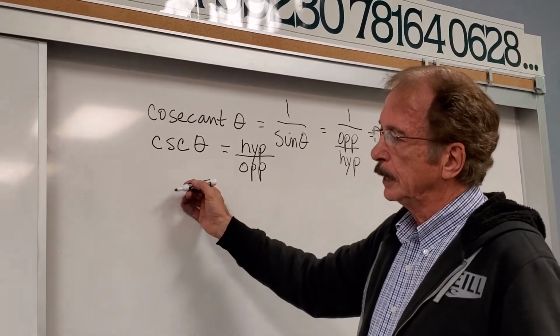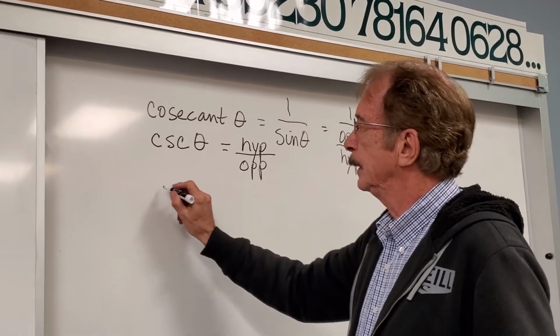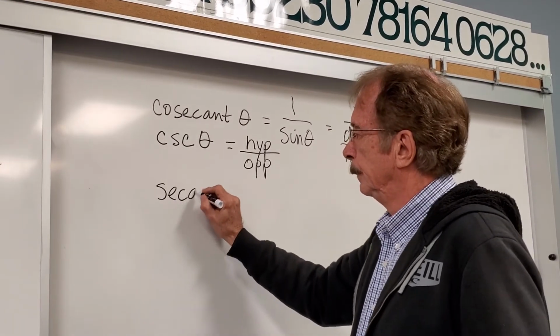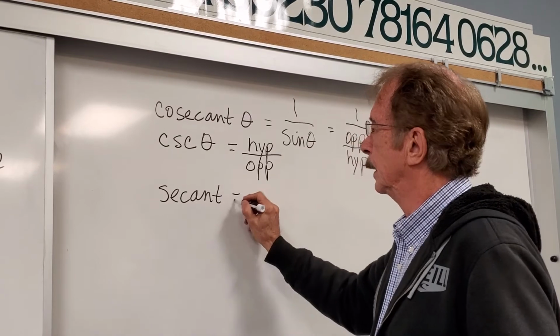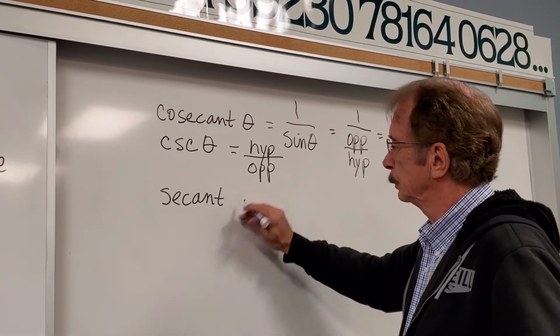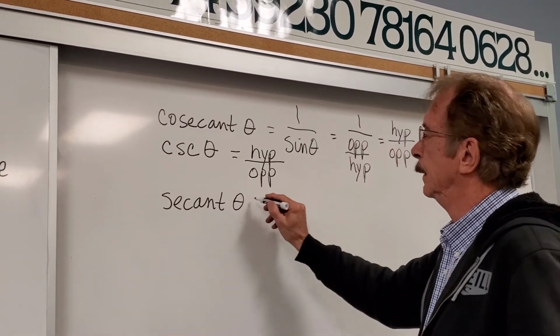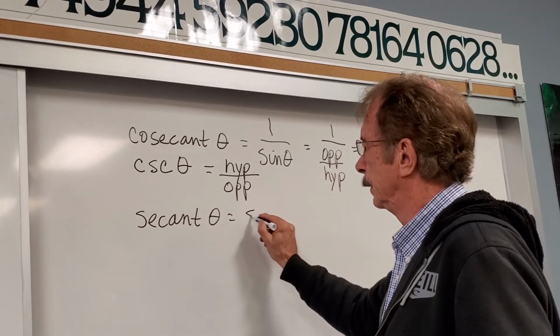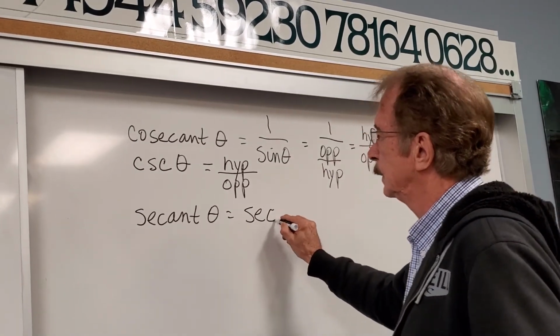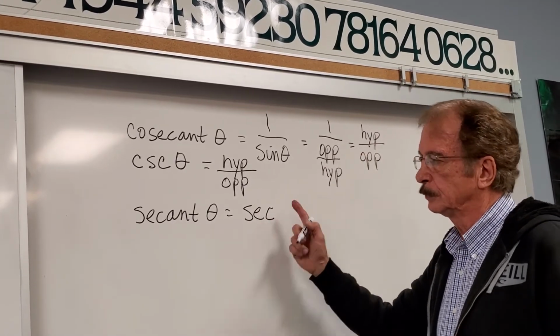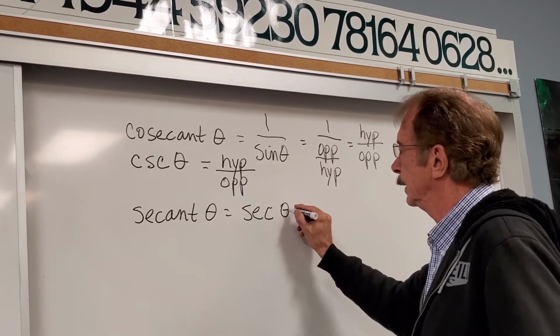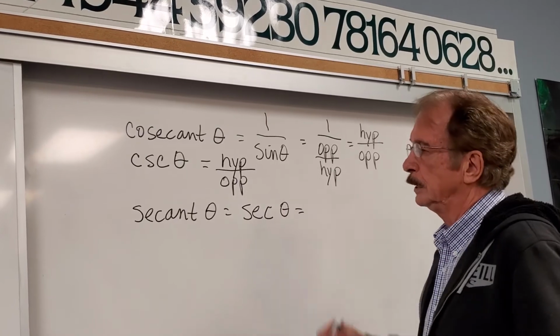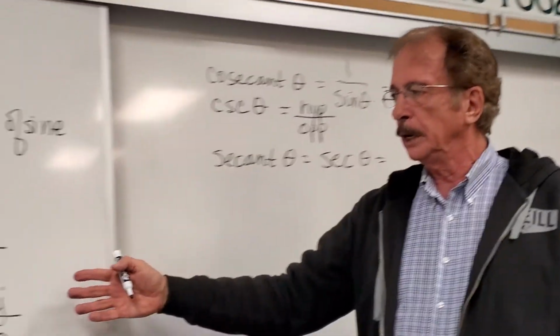So I'll write here now the next one, which is secant. And, whoops, I forgot to put theta in there. And this is going to end up being easy because it is the first three letters, secant of theta.